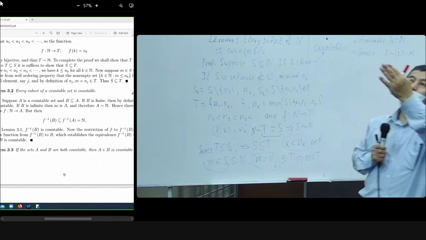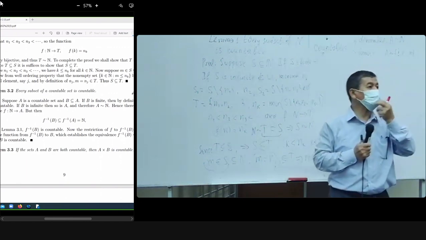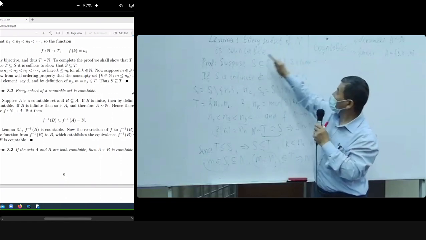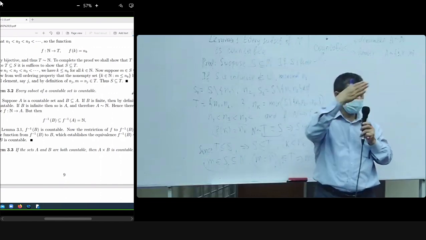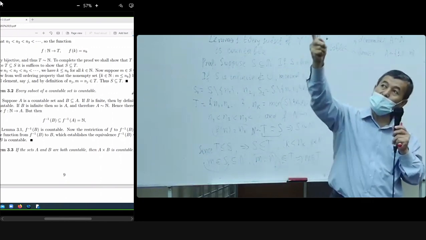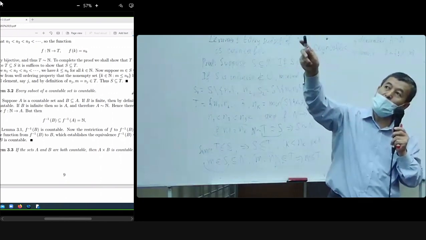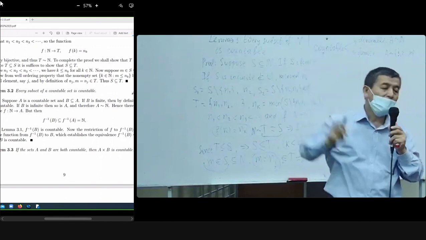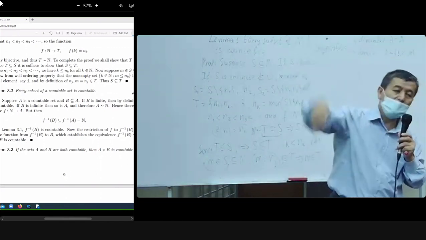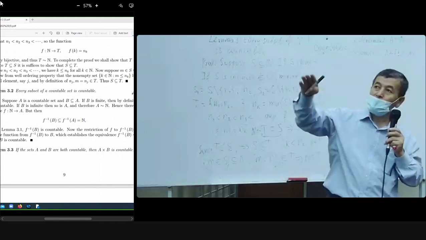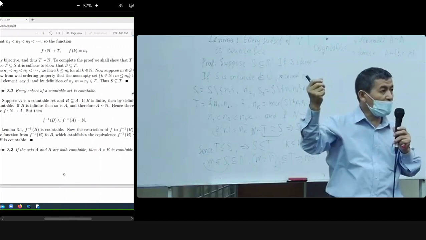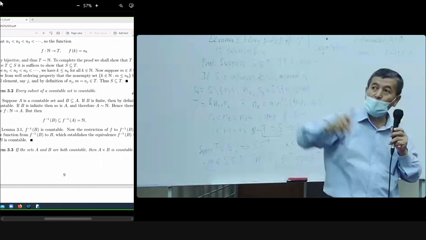Now this is a little bit of a generalization: every subset of a countable set is countable. I will skip this proof for you; generally it depends on the inverse function, the injection, and so on.